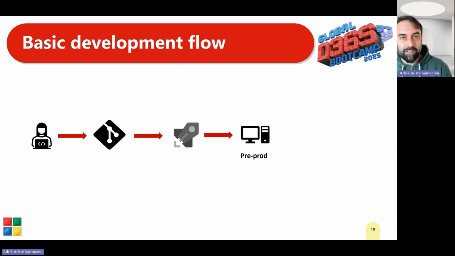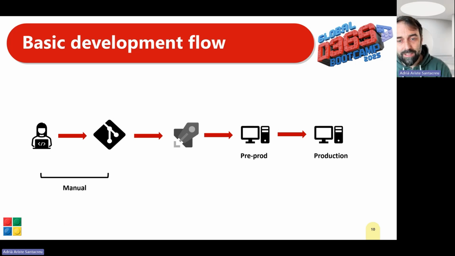Pre-production, then we should have another round of testing, functional team, or if you have a QA team, whatever. And once it's tested, then the code can be moved into production. This would be more or less the life cycle of code from your development environment until production.